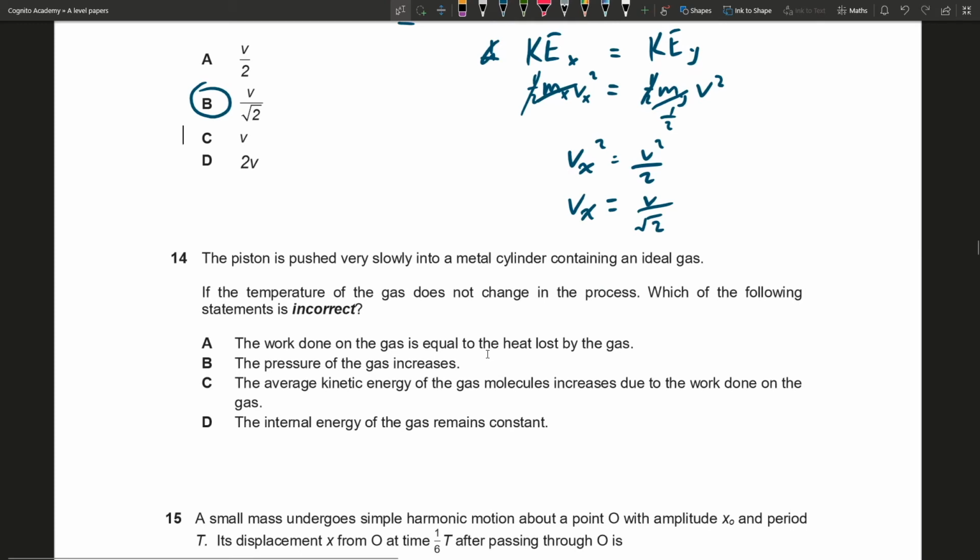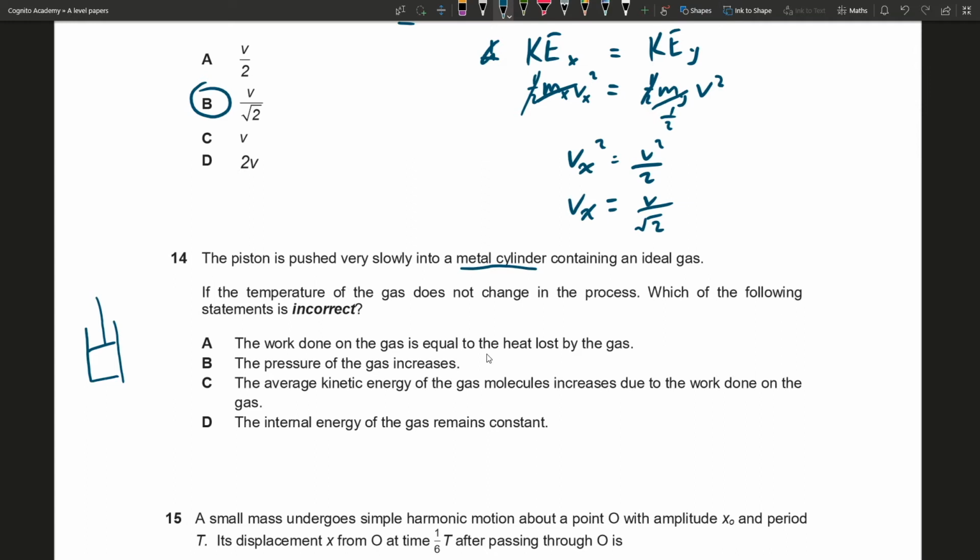Question 14. We are told that a piston is pushed very slowly into a metal cylinder containing an ideal gas. Two things here: pushed very slowly and metal cylinder. Metal cylinder means that heat can be lost to the surroundings. Then we are told the temperature of the gas does not change in the process, and we're asked which of these statements is incorrect.